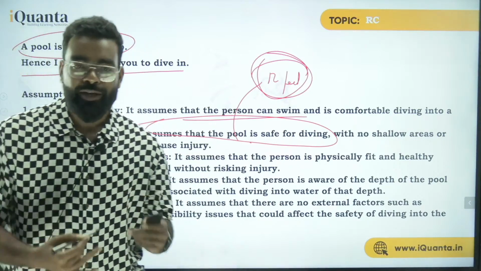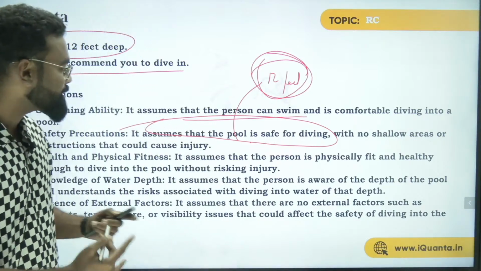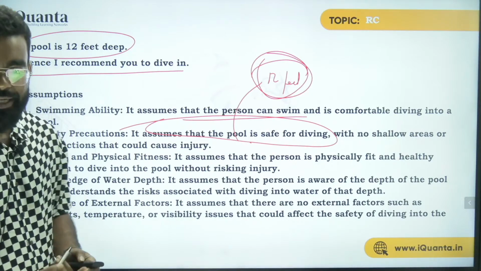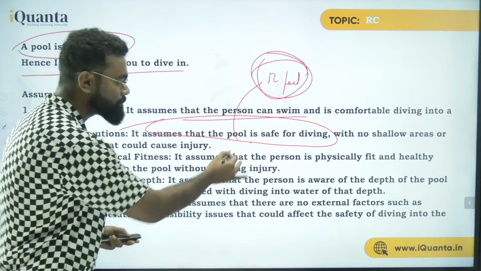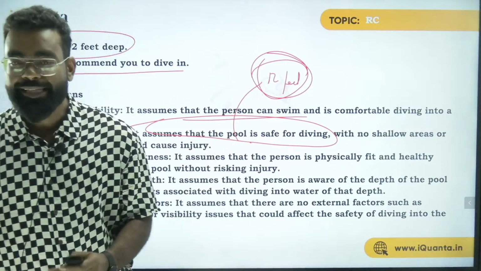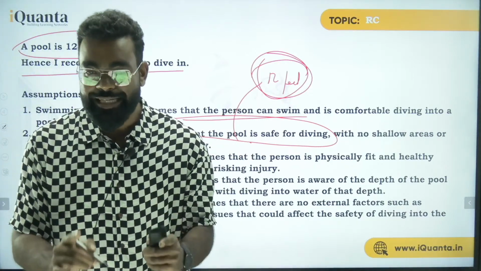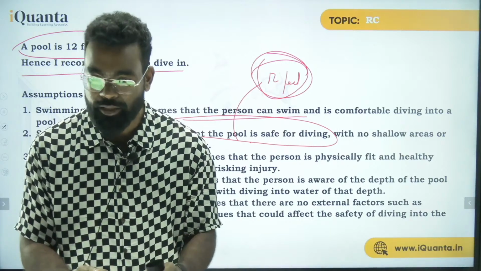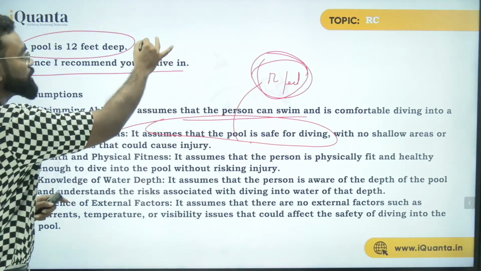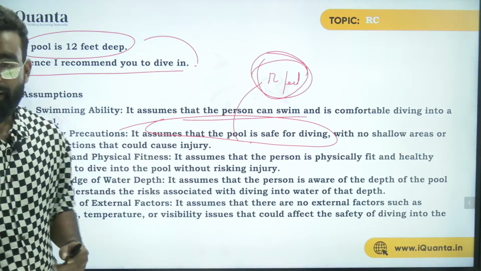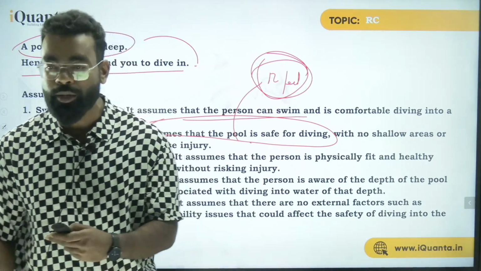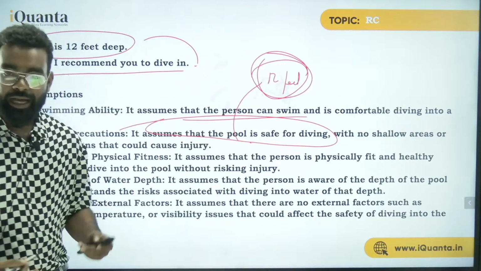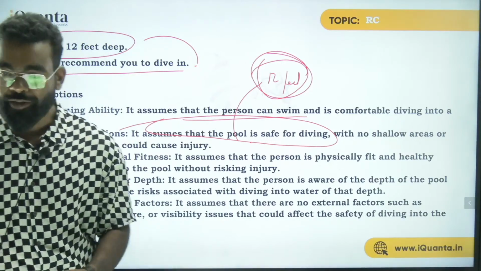So what I was saying is that 12 feet deep is the base assumption, and why is it the base assumption? Because the base assumption is something which clearly focuses on your logic. The logic is that 12 feet deep is safe for diving. The remaining everything is strengthening your premise, like you can swim, it is okay to dive, you have clear visibility.